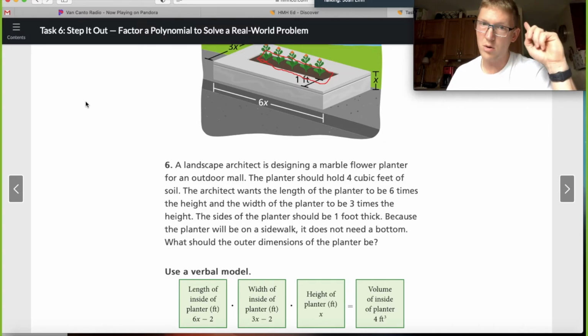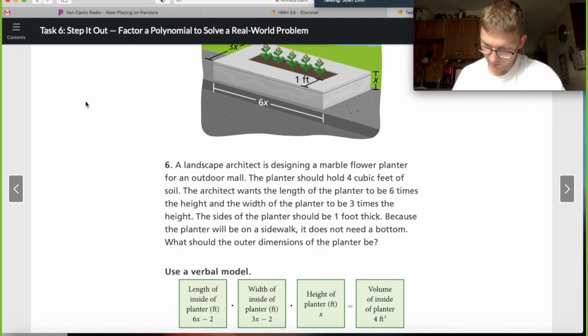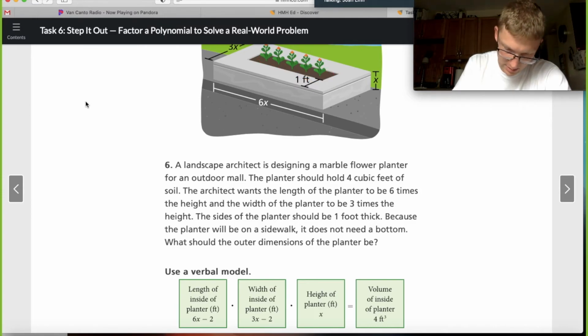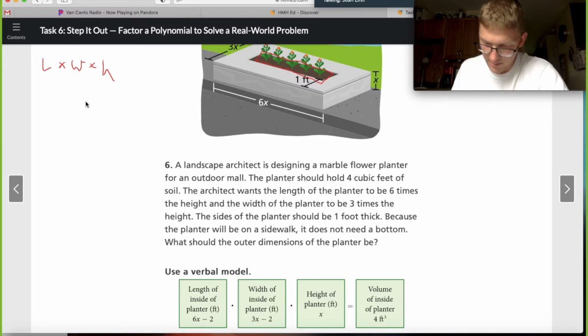So we know that we're going to be finding a volume, which is length times width times height. But we need the volume of this inside little part based on x. Once we solve for x, then we can plug it in here and find the length and whatever other questions they have for us.